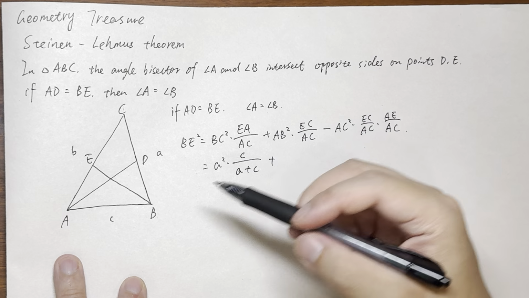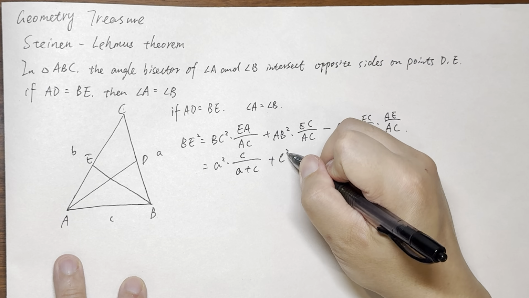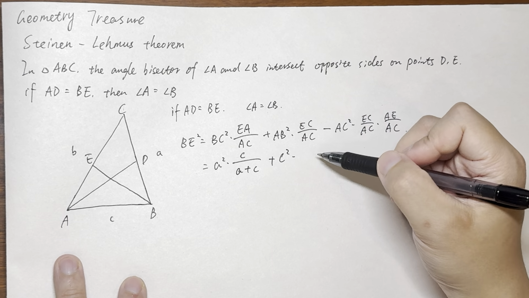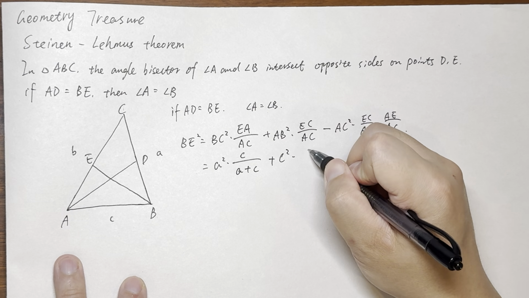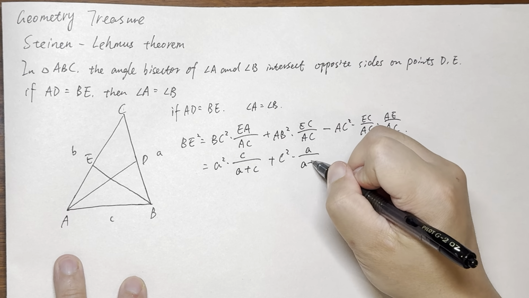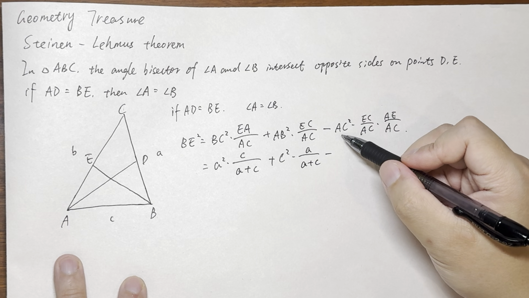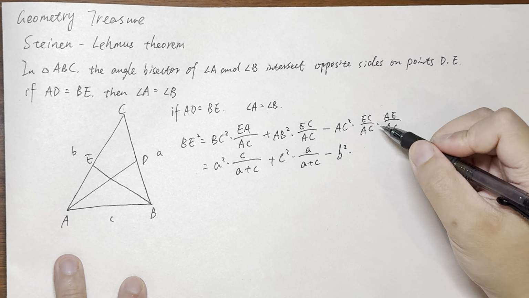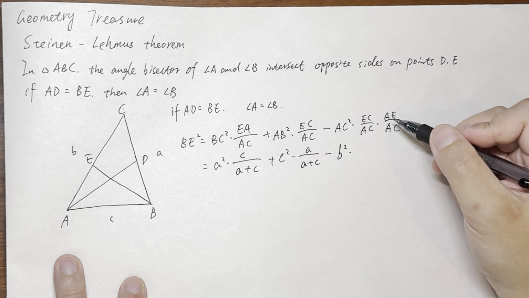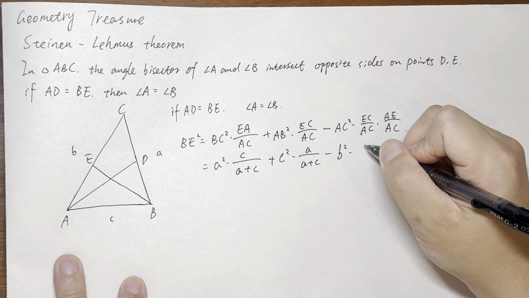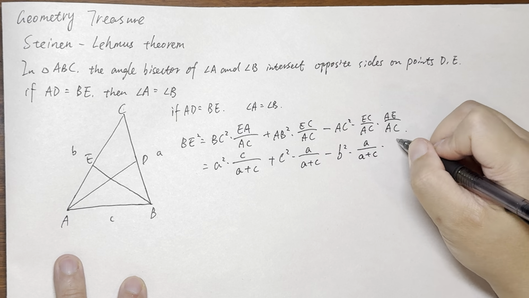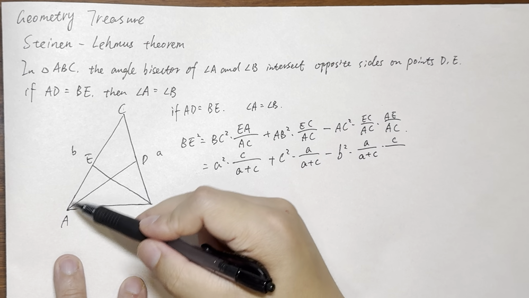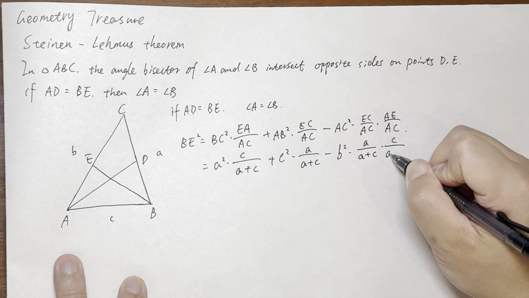Similarly, AB squared, that is c squared, times EC to AC. EC to AC would be a divided by a plus c, minus AC squared, which is b squared, times EC to AC, which is a to a plus c, times AE to AC, that's c to a plus c.